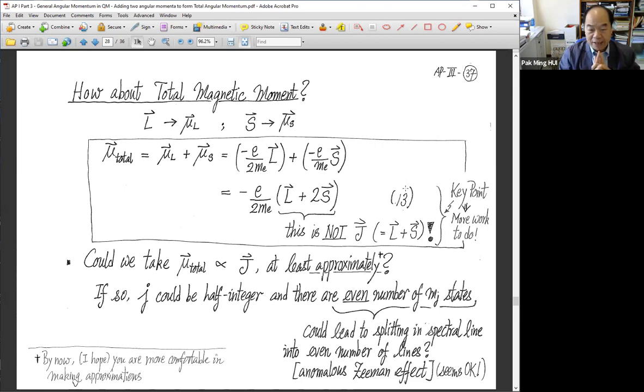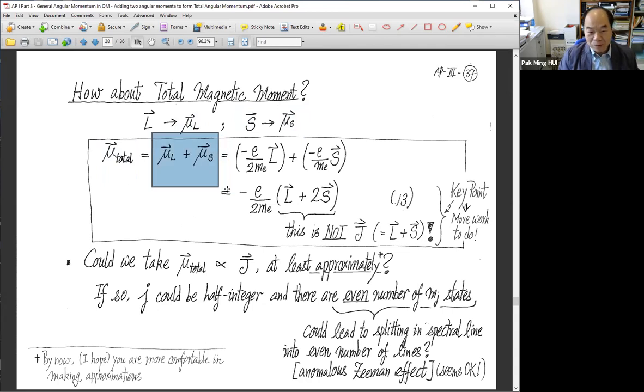But remember the physics is that orbital angular momentum is accompanied by an orbital magnetic dipole moment, and spin angular momentum also has its spin magnetic dipole moment. An analogous question is, how about the total magnetic dipole moment? That's easy, we just add the two.